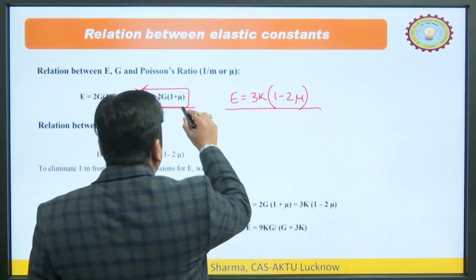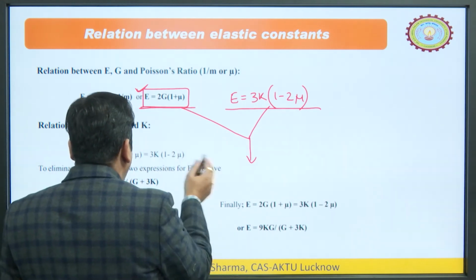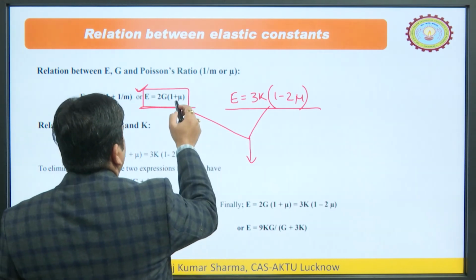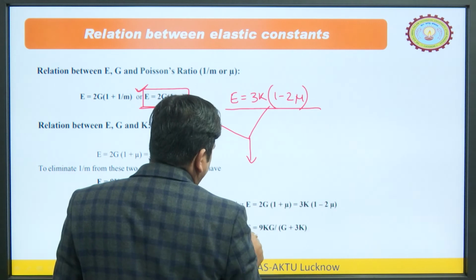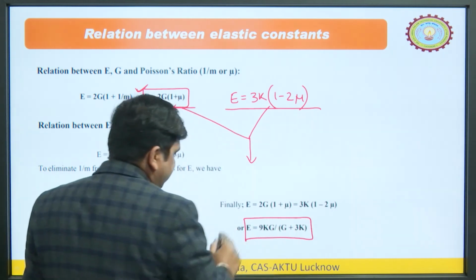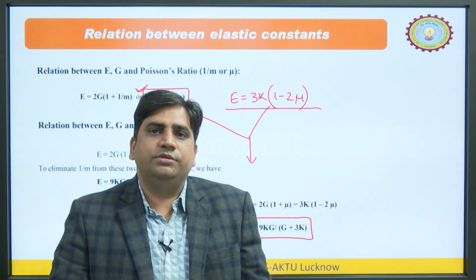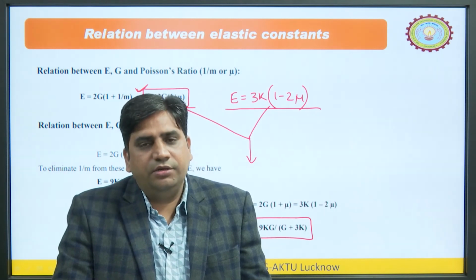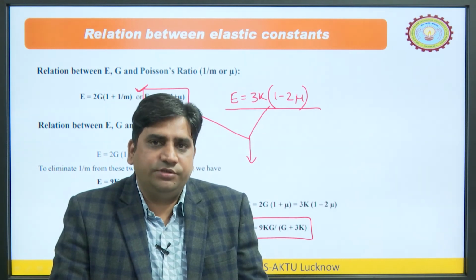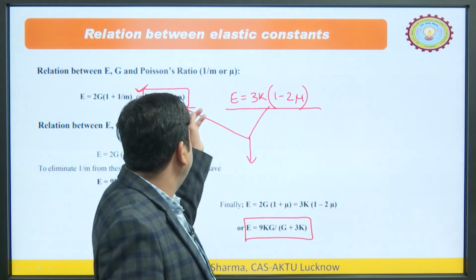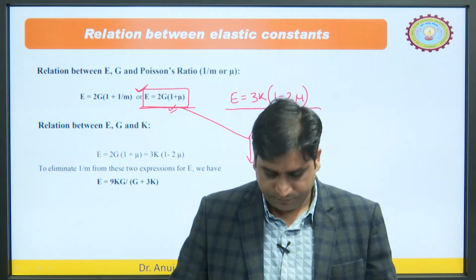With the help of these two equations, I can find out the value of mu from here and put that value of mu in this expression. So, I will get this relation. This is the third relation. These three are the important relations between the elastic constants on which the numericals sometimes come directly, or we can be asked to derive the first relation, the second relation and this relation. So, we will cover this in the third lecture.